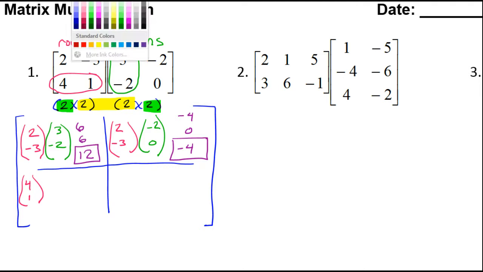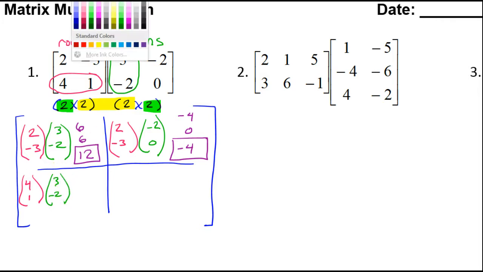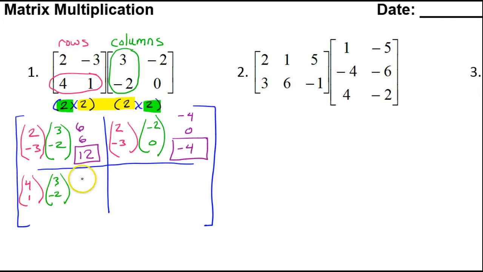The first column is 3, negative 2. If I multiply these together, I get 12 and negative 2. If I add these up, I get 10. So this will be the entry in the second row and first column.